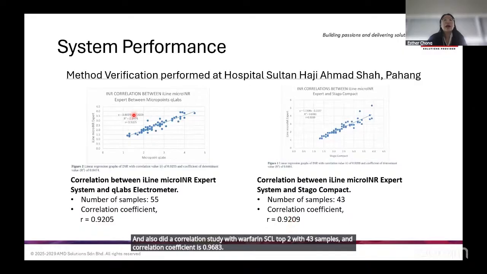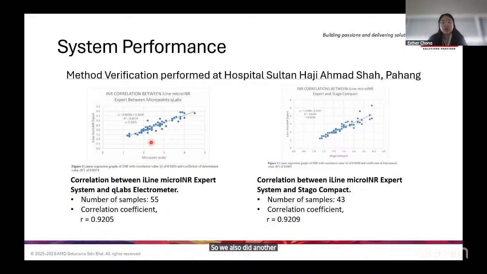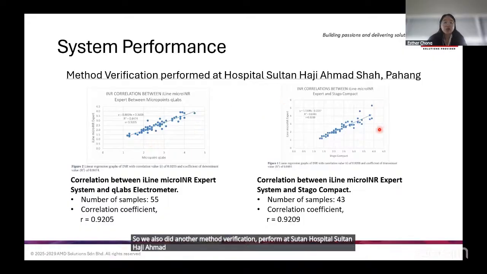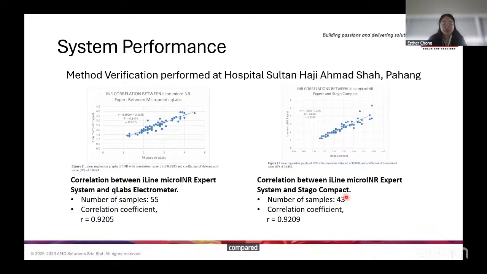Another method verification was performed at Hospital Sultan Haji Ahmad Shah in Pahang. We have 55 samples with the QLab meter, which is 0.9205, and also a correlation study with Stago Compact with 43 samples, with a correlation coefficient of 0.9209.